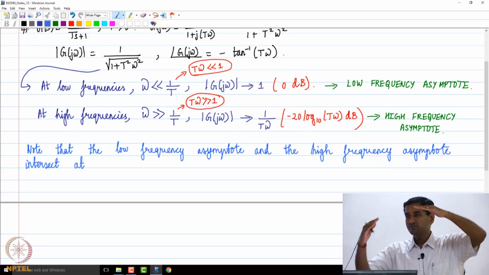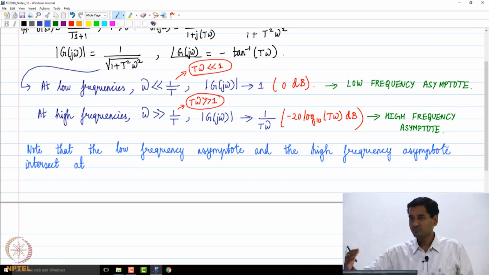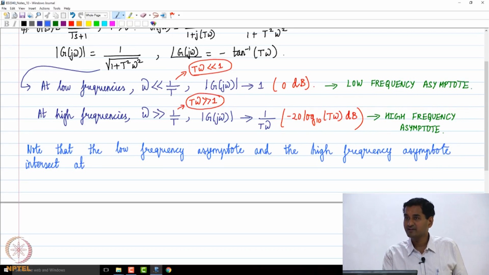The high frequency asymptote has a slope, we will come to the slope shortly, and that's also a straight line, and obviously both of them are going to intersect somewhere, right? So where are they going to intersect? Wherever the high frequency asymptote value becomes 0 decibel, right? Where does the high frequency asymptote value become 0 decibel? When T omega is 1 or omega equals 1 by capital T, right?